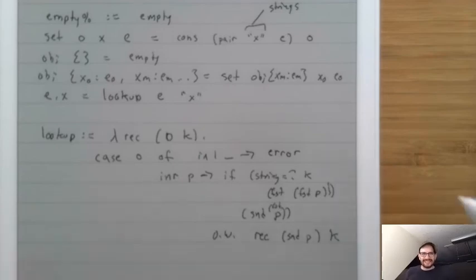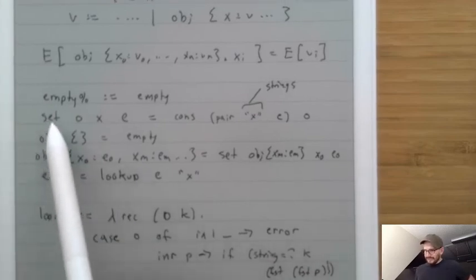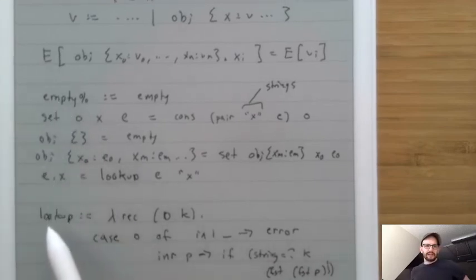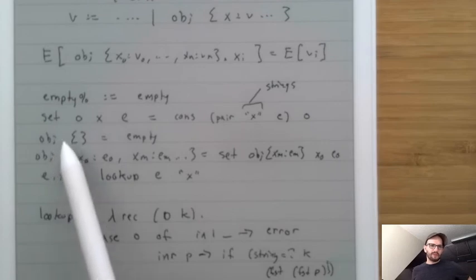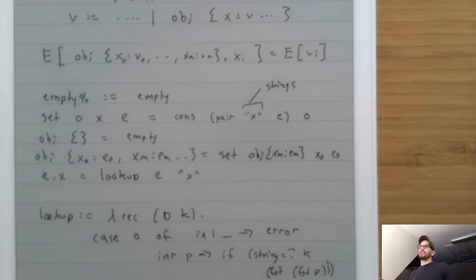So what this does is it represents objects as lists of their attributes. And you could put set, empty and lookup in your standard library, and then you'd put the object and the E.x forms in your desugarer, and now your language knows about objects without you actually having to implement anything yourself.